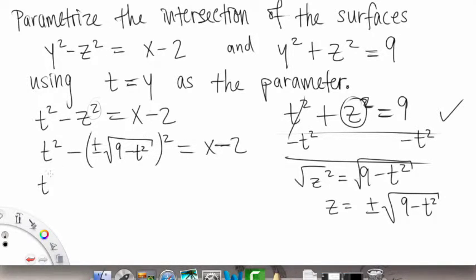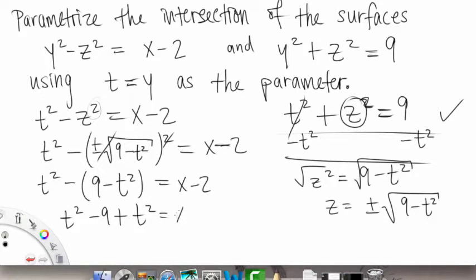The square root and the square cancel, so we have t squared minus 9 minus t squared is equal to x minus 2. We distribute the negative, so we get t squared minus 9 plus t squared equals x minus 2. We add 2 to both sides and combine, so we get that 2t squared minus 7 is equal to x.